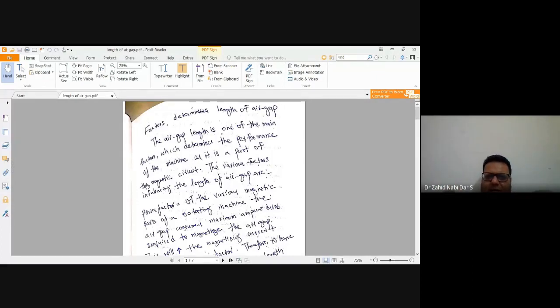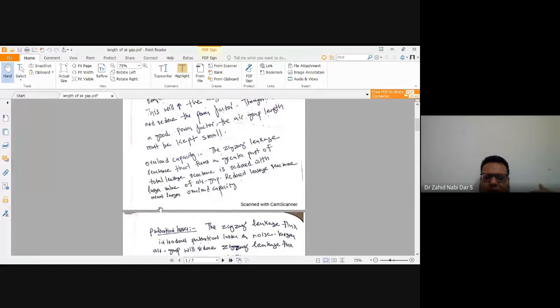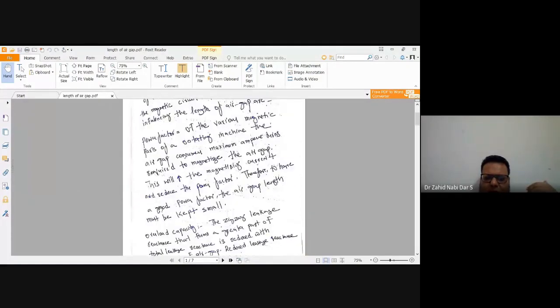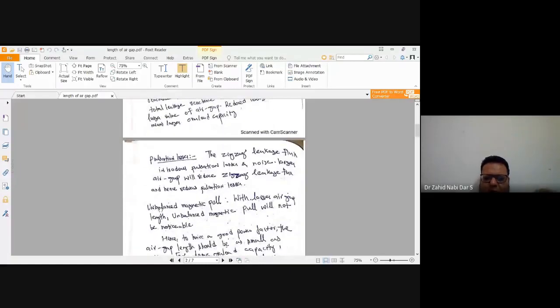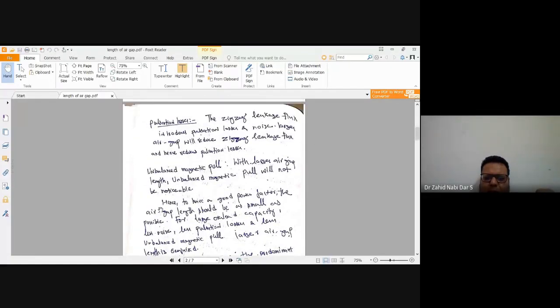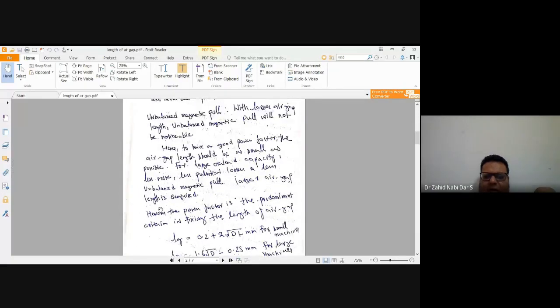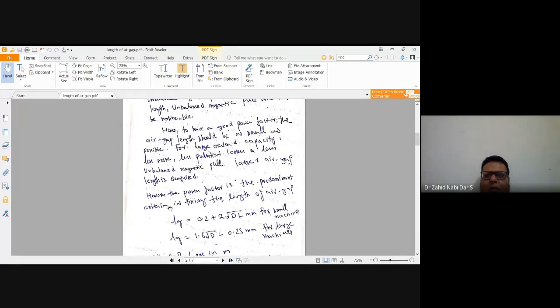It is governed by many factors: your power factor, your overload capacity, the noise, mechanical balance, pulsation losses, unbalanced magnetic pull and other factors. Among all these, power factor plays the predominant role. All the other factors improve if you increase the length of air gap, but your power factor will increase only when you reduce the length of air gap.